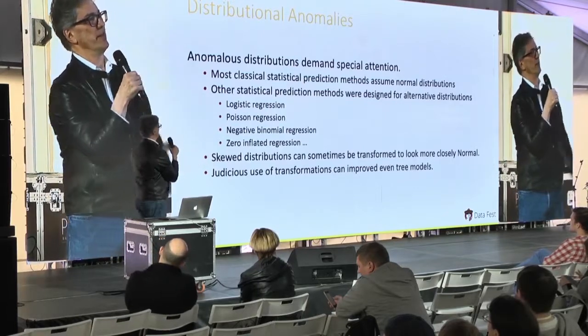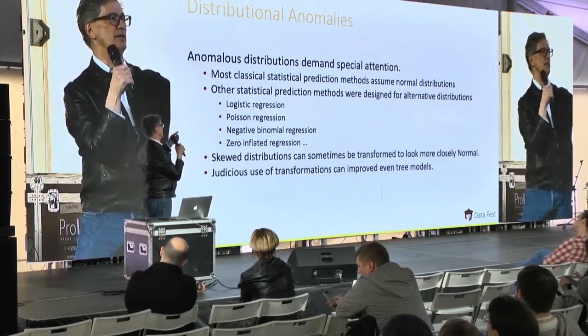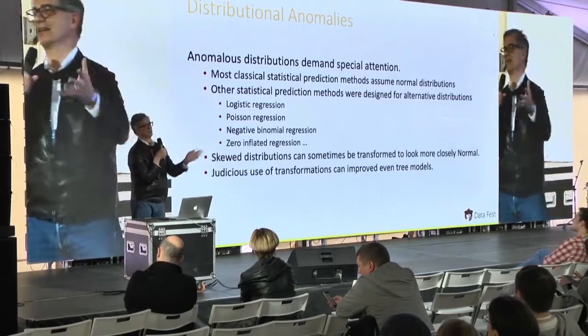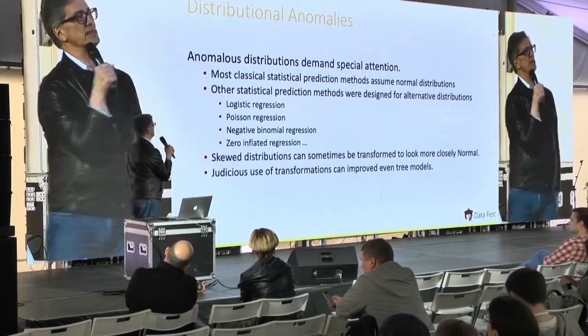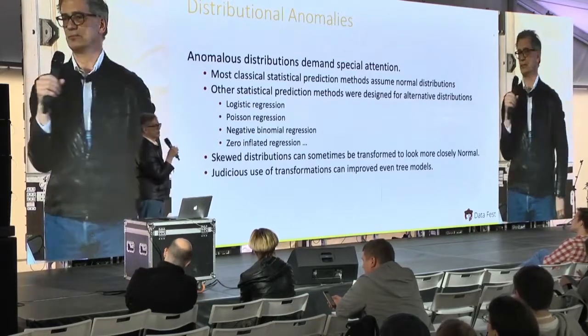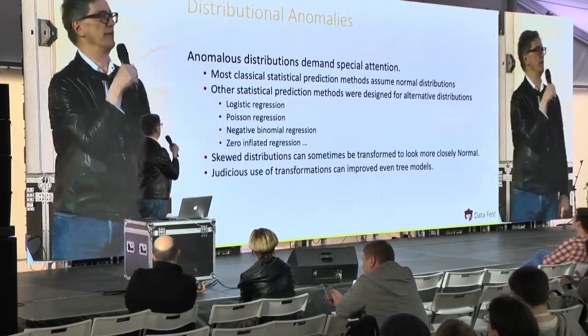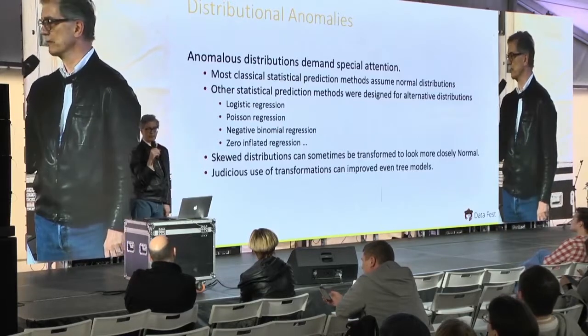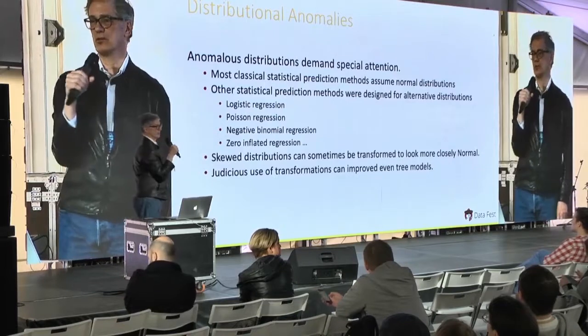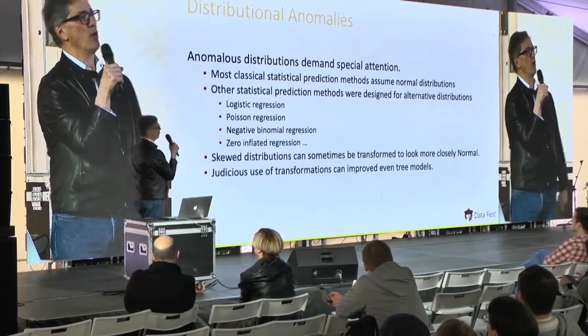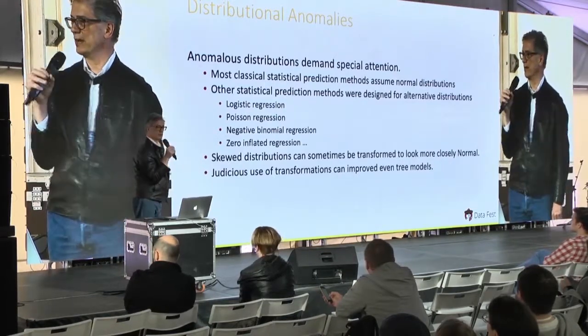In the mid to late 20th century, other statistical methods were designed for other distributions. I'm sure all or most of you have fit a logistic regression to binary response data or multinomial response data, or Poisson regression for count data, negative binomial, and so on, zero inflated.